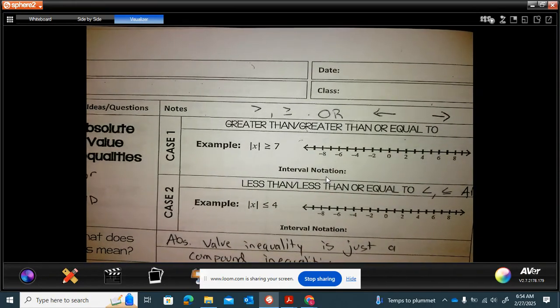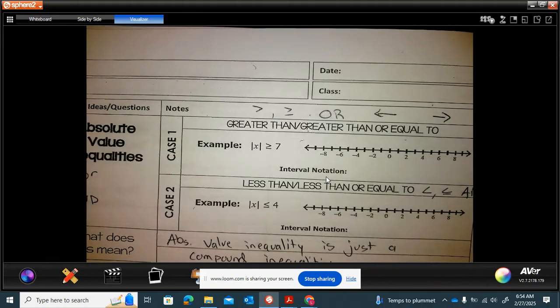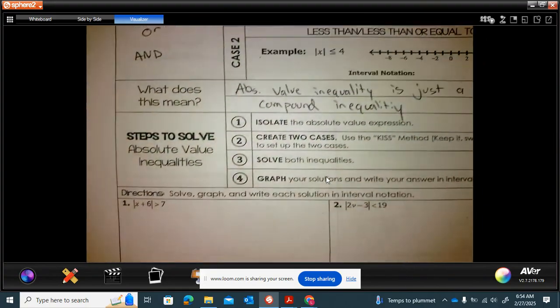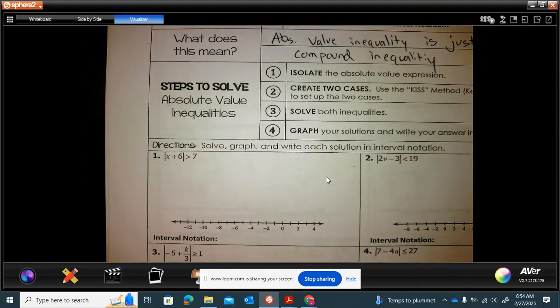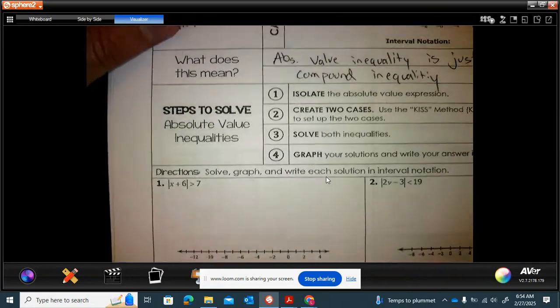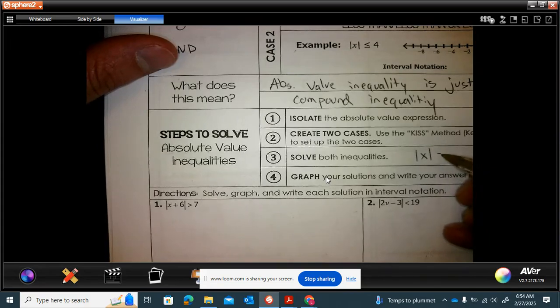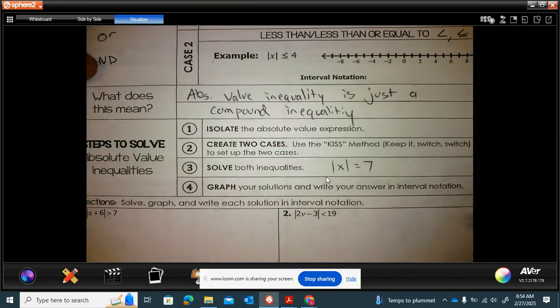Okay, so here's what we do. As long as we know which one is which so far. The rules are a little bit different, because remember when it comes to an absolute value equation, if you had absolute value of x equals 7, there's two answers, right?